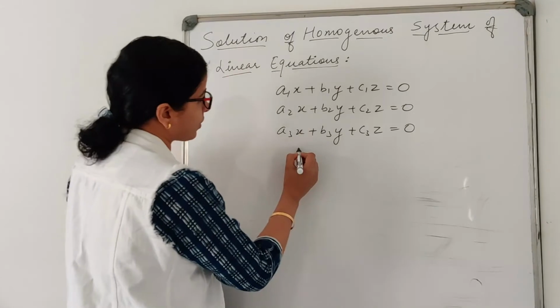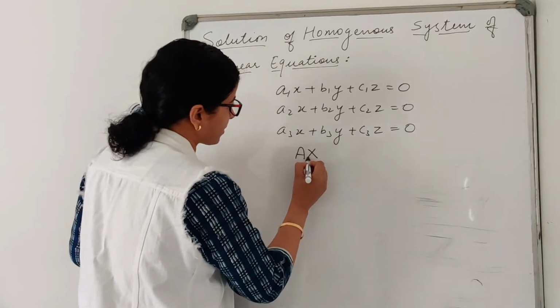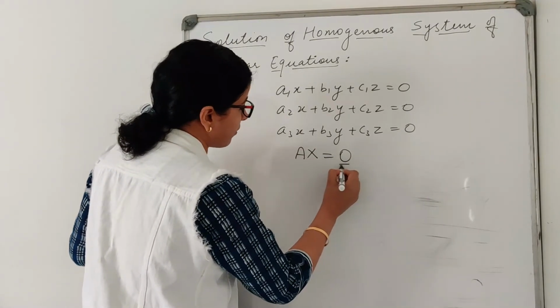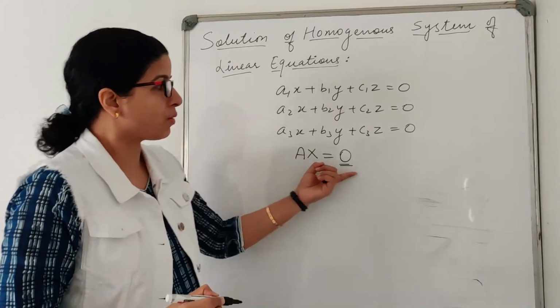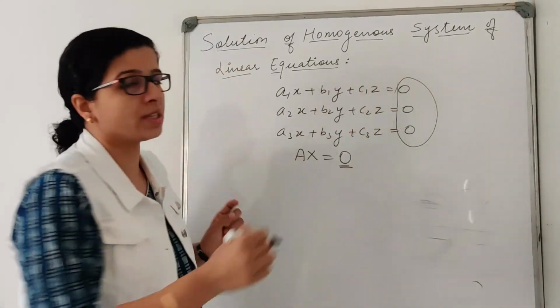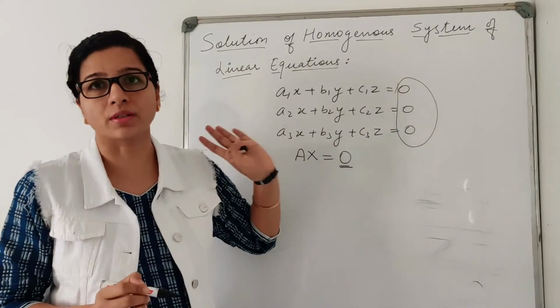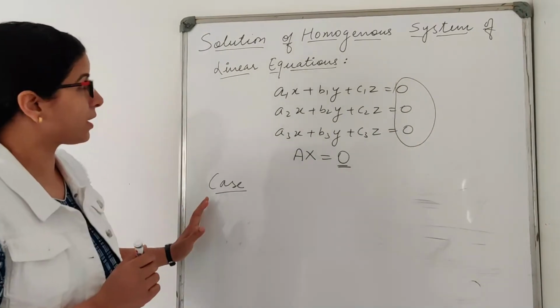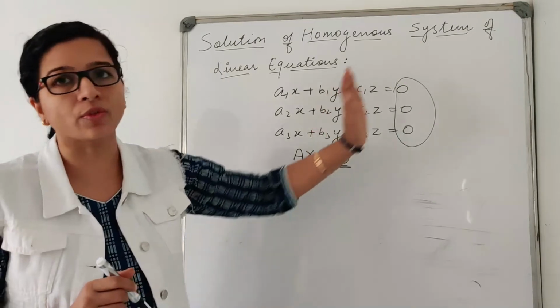So I have an equation of the kind AX equals 0. Whenever AX is equal to 0, meaning my constant terms are all 0, then it is a homogeneous system of equations. There are two cases which can arise from this.